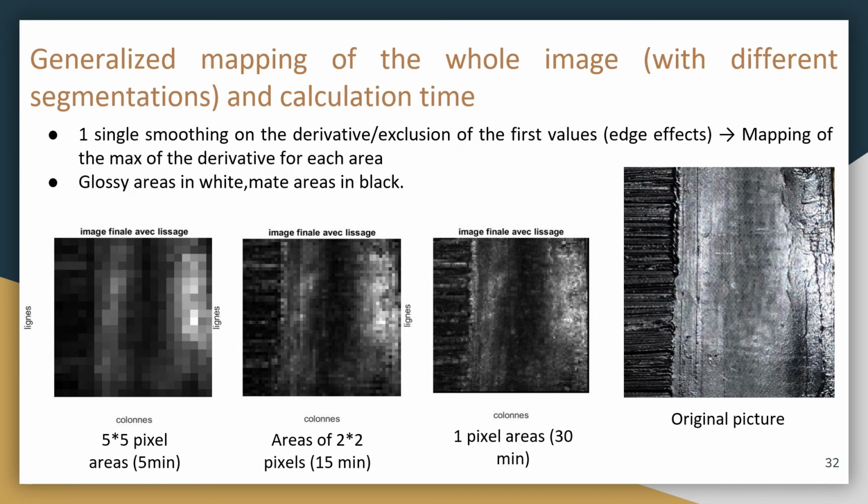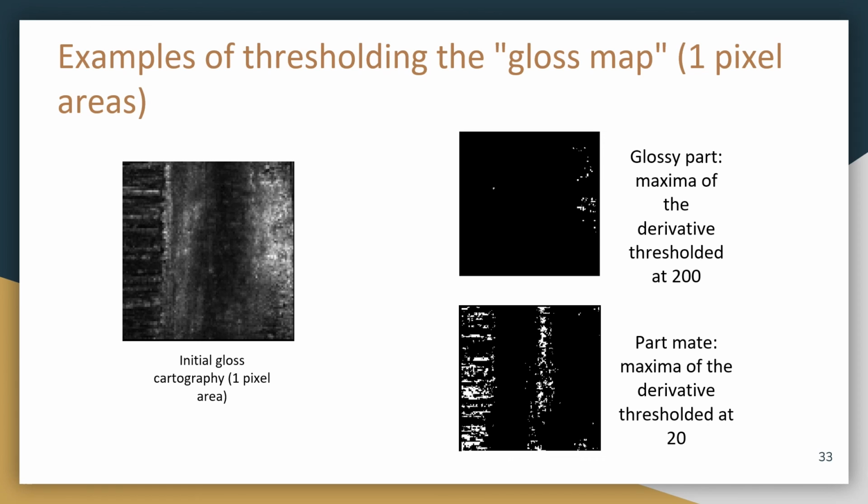So the result at each point, for these different kernels, is an average of the gloss detected, of the variation of the gloss detected by the camera finally. And we can get a gloss map with the local variation of the intensity through the whole picture.